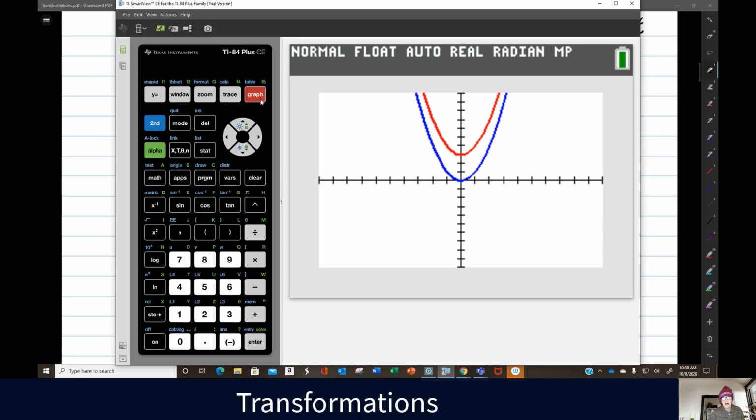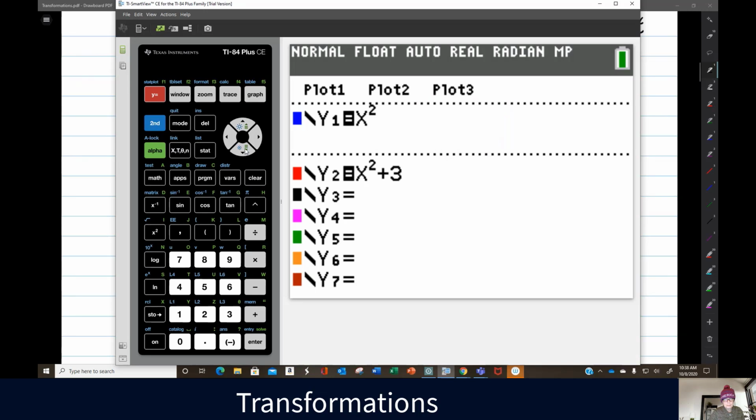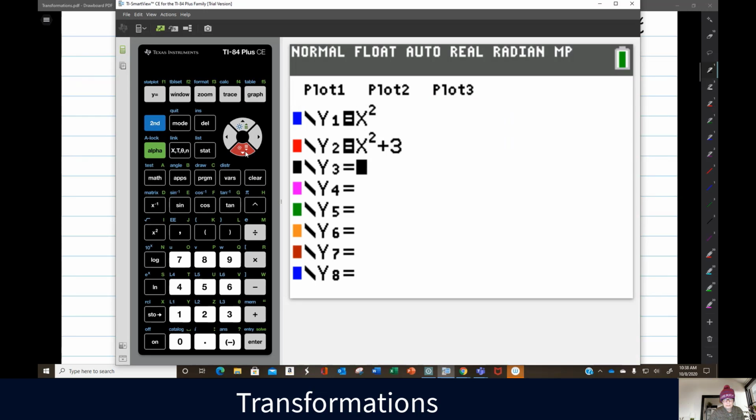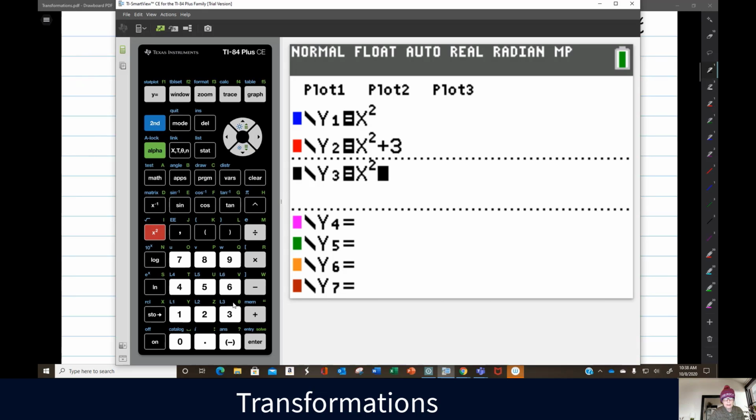Now, if I wanted to move the blue guy down 3 units, instead of a plus, I would have put a minus 3. So x squared minus 3. That's going to be black. I haven't changed it yet.